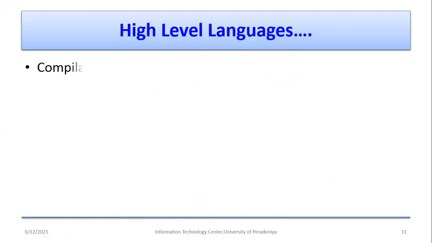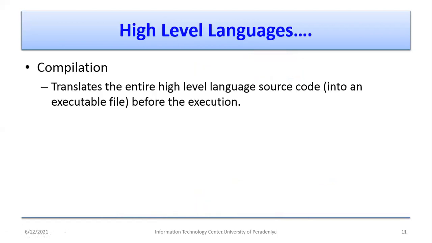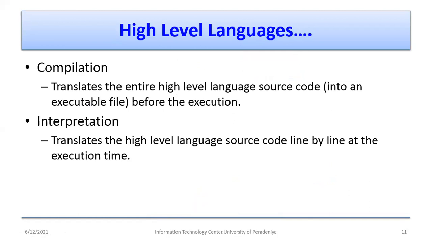The next one is compilation. Compilation means they translate the entire high-level language source code before the execution. They translate the entire source code into the machine code at once. In an interpreter, they translate the high-level language source code line by line at the execution time.